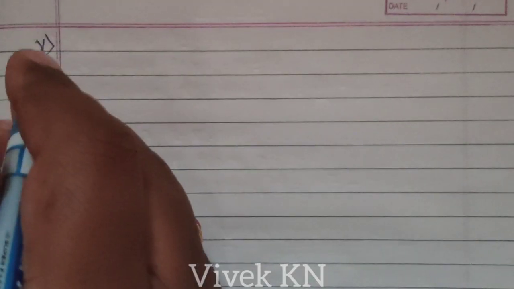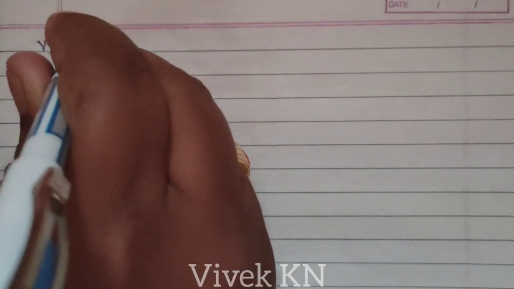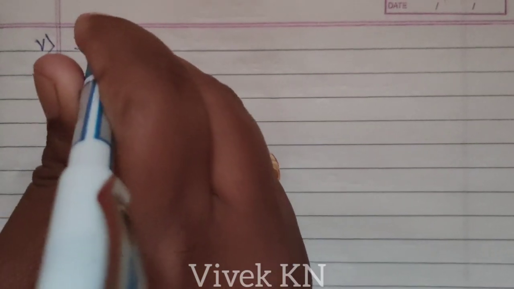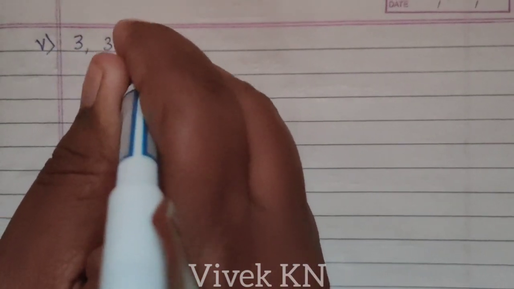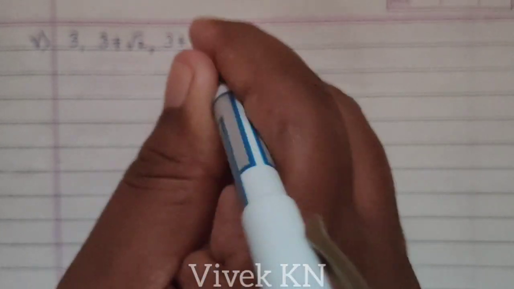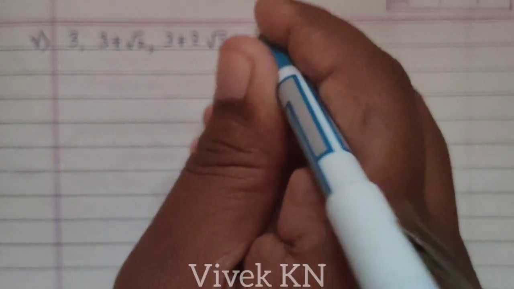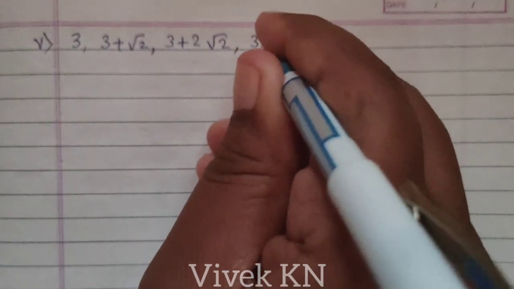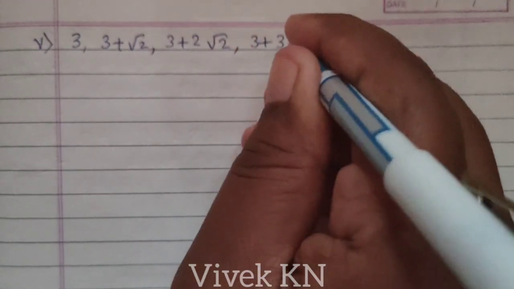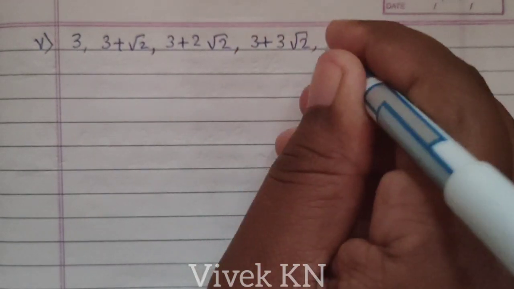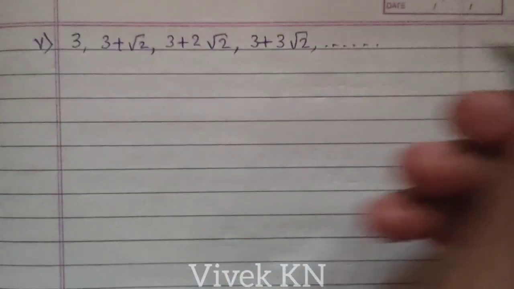Next, fifth question. 3 plus root 2, 3 plus 2 root 2, 3 plus 3 root 2, and so on.